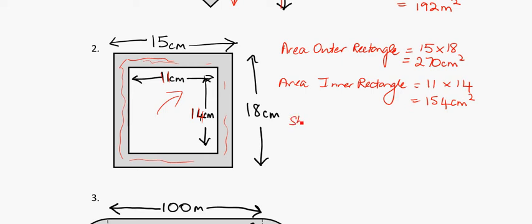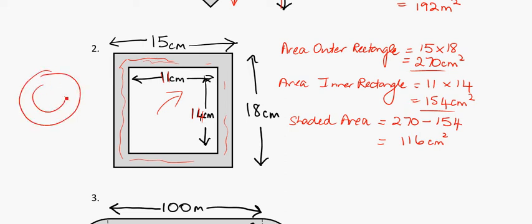And so the shaded area, or the required area, equals the 270, and we're taking away the rectangle in the middle and we're left with the rim. So 270 minus 154, and you get 116 centimeters squared. And the donut's like that too. You find the area of a donut, large circle minus small circle, and you get left with donut.